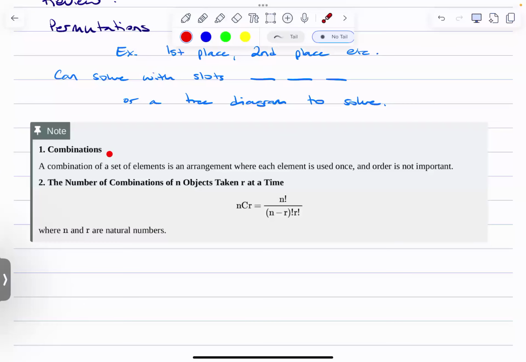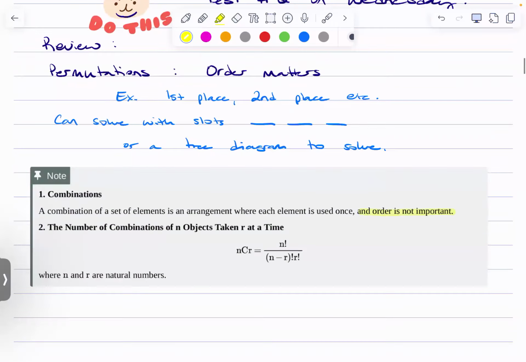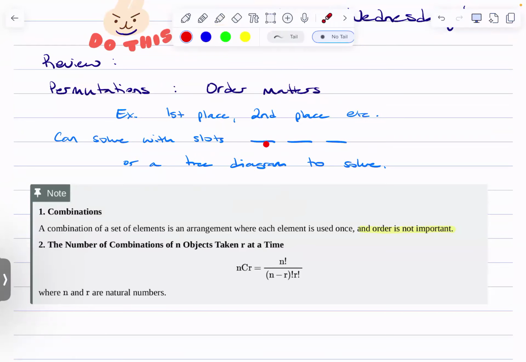Versus combinations is when the order is not important, right? And so how do you determine if order is not important? Well, if you're just grabbing a group of 3 people, right, then there's no reason to say, oh, you're going in this slot, and then you're going in this slot, and you're going in this slot. I just need to grab a group of 3 people from, let's say, 10 people, right?